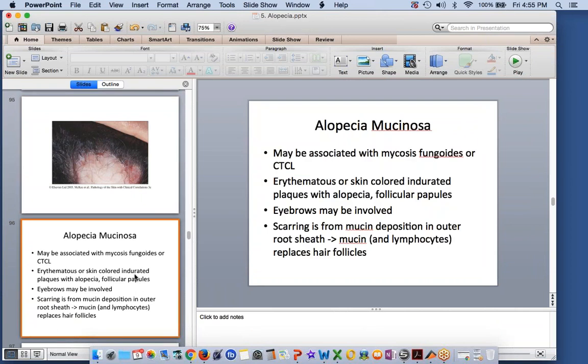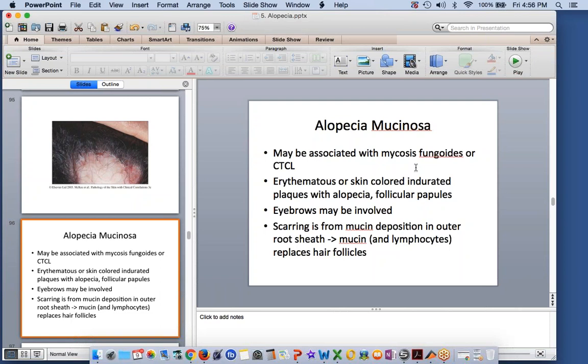In alopecia mucinosa, which is sometimes associated with or precedes, and many times it doesn't precede anything, but it can, it's also a scarring type of alopecia. When you do your punch biopsy, what you end up seeing is a lot of mucin in the skin, and it could affect any part of the face, it's usually on the scalp or head and neck.